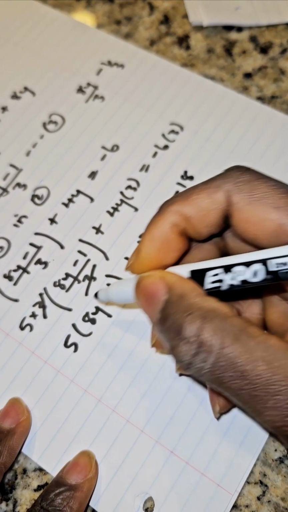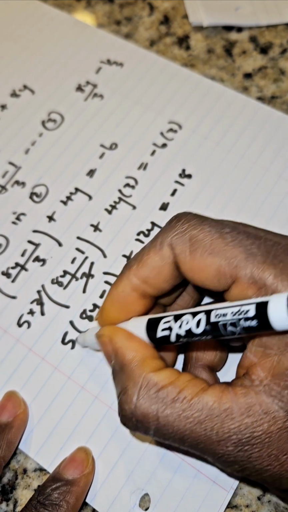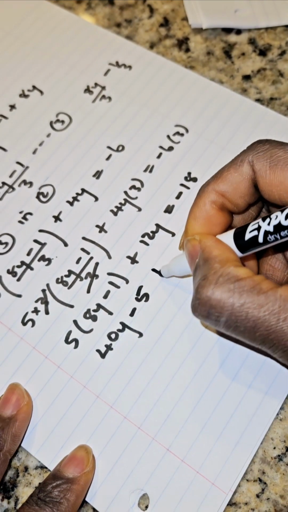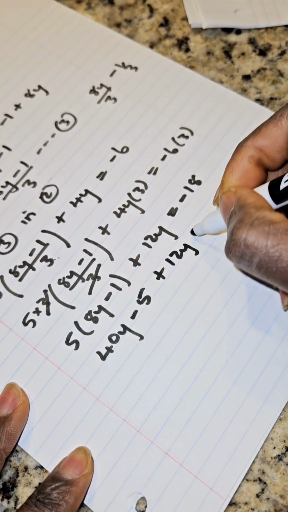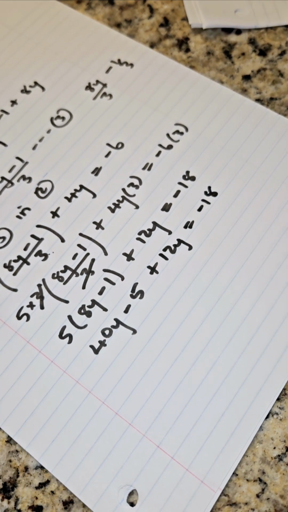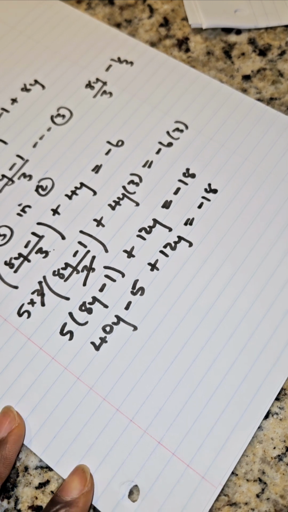Now I open the parenthesis here. I will have 40y minus 5 plus 12y equals negative 18. I bring the like terms together, the y's together, and not the ones that don't have any y's together.